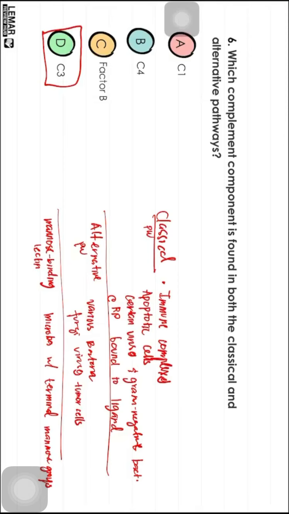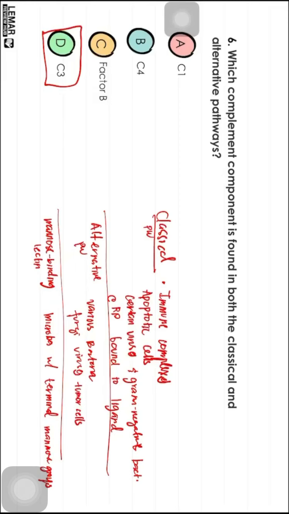Now we have C1, which is active in the initial phase of complement activation. The classical complement pathway is initiated by the binding of the C1 complex, consisting of C1q, C1r, and C1s, to antibodies bound to an antigen on the surface of a bacterial cell wall.